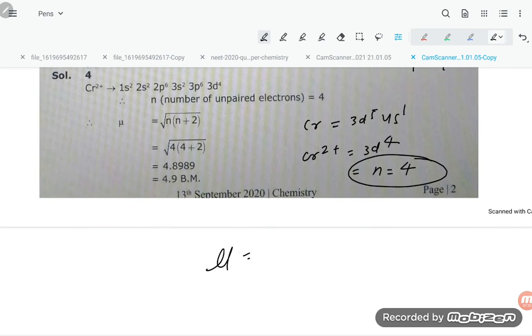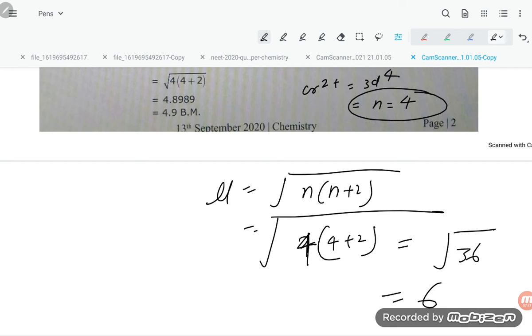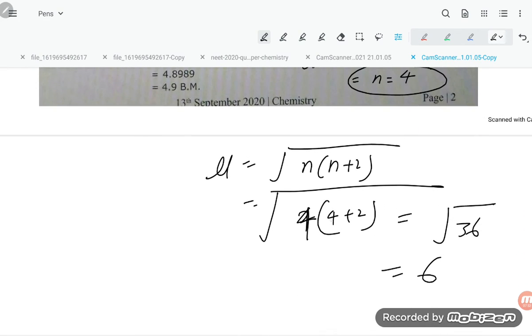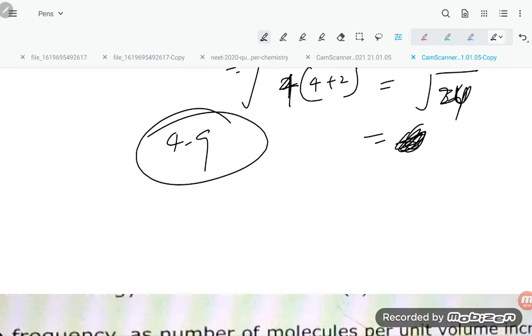So mu is equal to root of n(n+2). Here n is 4, so 4 into 6, that is 24. So root 24 means 4.9. Our required answer is 4.90, option number 4. Very easy problem.